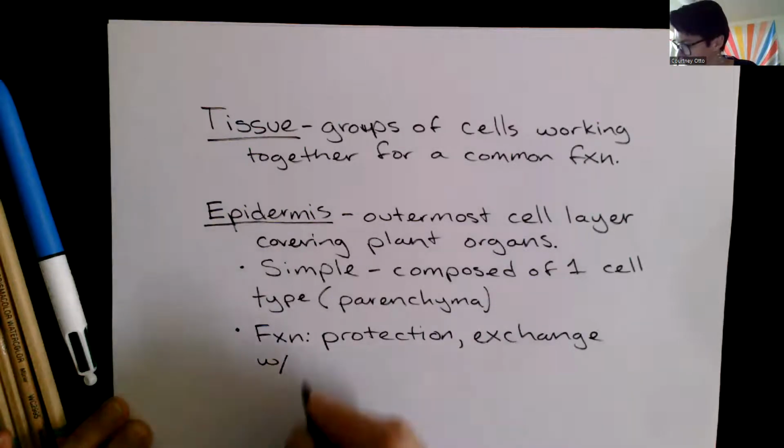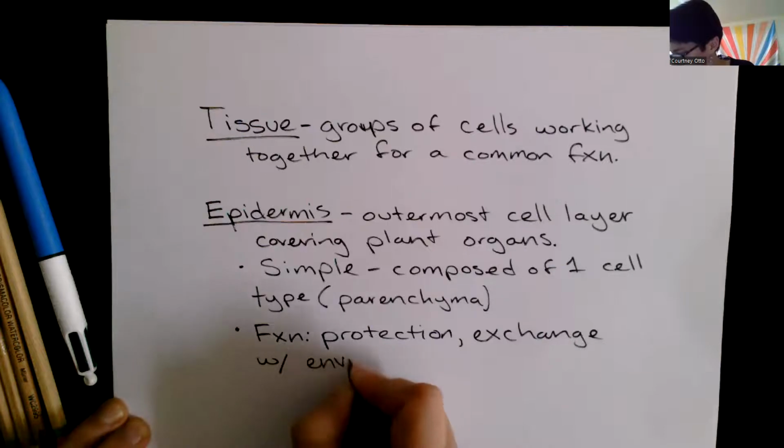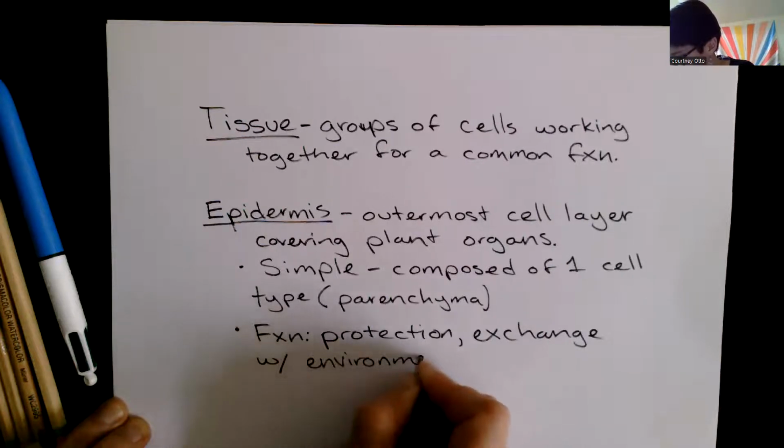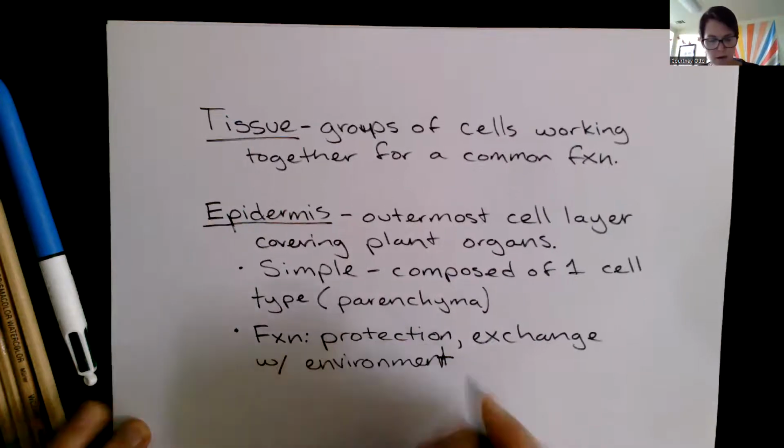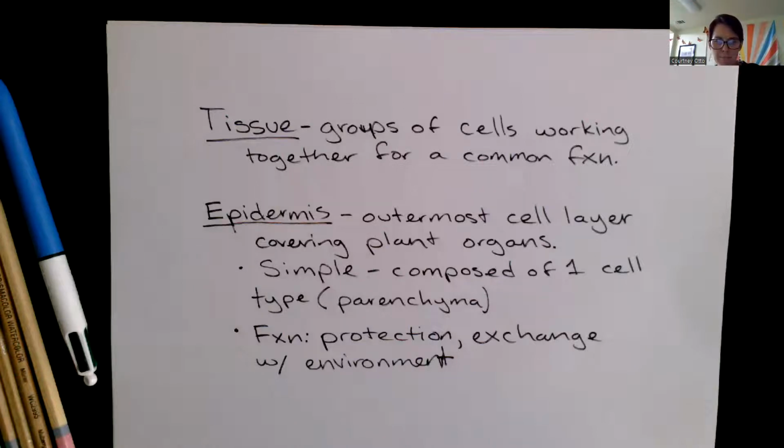So at this epidermal layer is where the plant is going to absorb water, where carbon dioxide is going to be lost, and where minerals are going to be absorbed out of the soil.